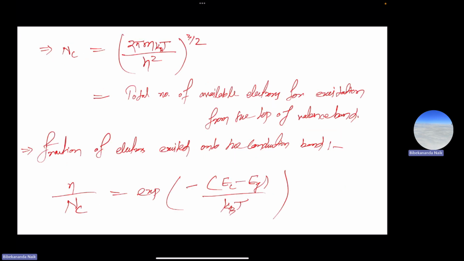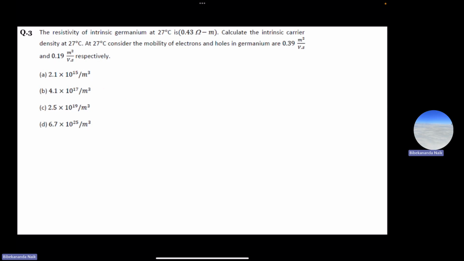I hope this is clear to everyone. Now we'll move to the next question. The question number 3 says the resistivity of an intrinsic germanium at 27 degrees Celsius is 0.43 ohm meter.